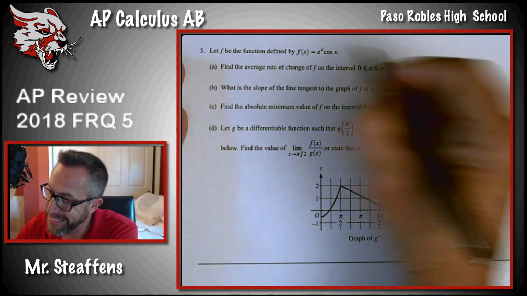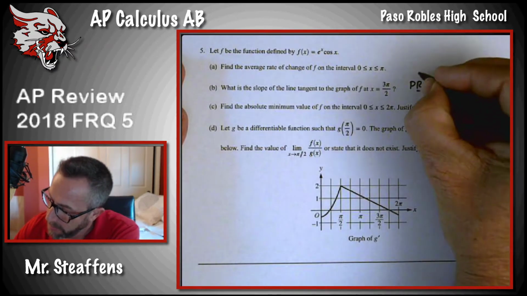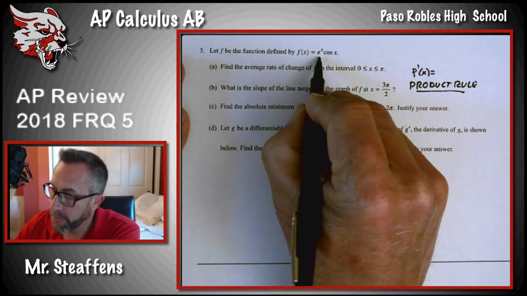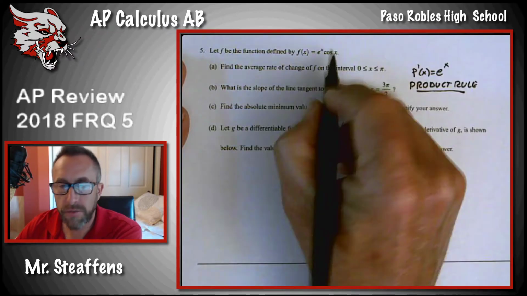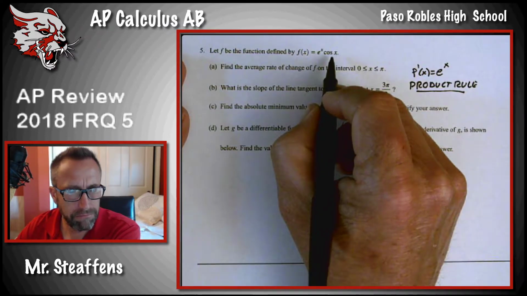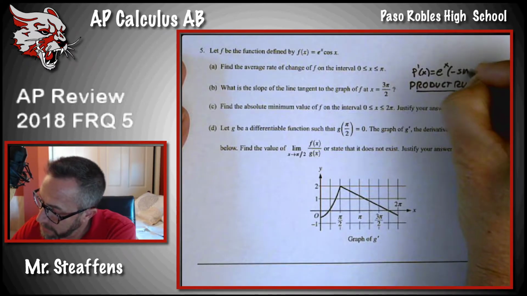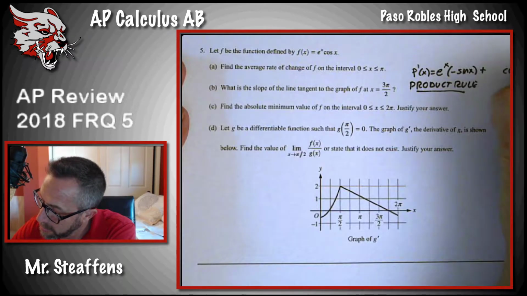So you have an e to the x cosine x. So remember, the product rule says that f prime of x is going to be the first, e to the x, times the derivative of the second. Derivative of cosine is negative sine, plus the second, I'm going to put it over here though, right?